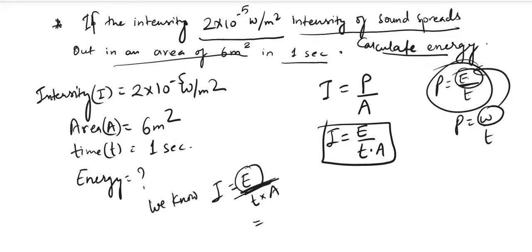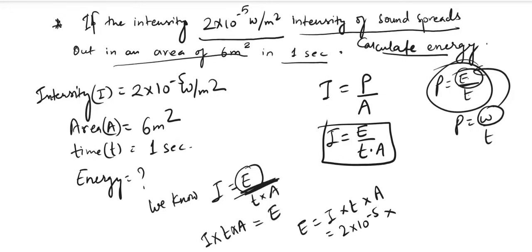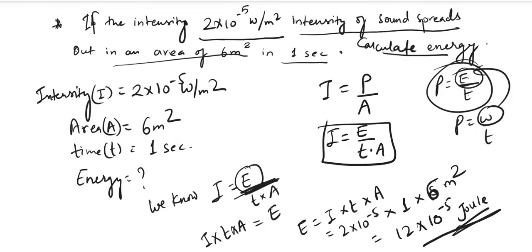They are in division here, so when they go to the other side, they will be multiplied. So E is equal to I into T into A. Intensity is 2 into 10 power minus 5, time is 1 second, area is 6 meter square. So 12 into 10 power minus 5 joule. Joule is the energy.